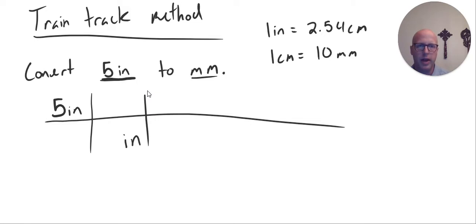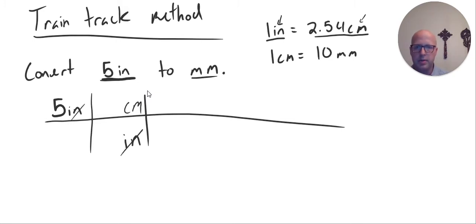I know that I have a conversion factor here that 1 inch is equal to 2.54 centimeters. So I have a way to get from inches to centimeters. So I'm going to put centimeters up top here. Then my inches would cancel out. And now my units would be left in centimeters. Again, they're going to cancel out because units work like variables, and now I have centimeters in the numerator and I have inches in the denominator. So they're going to cancel each other out.